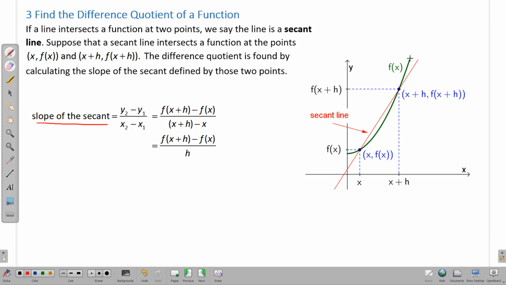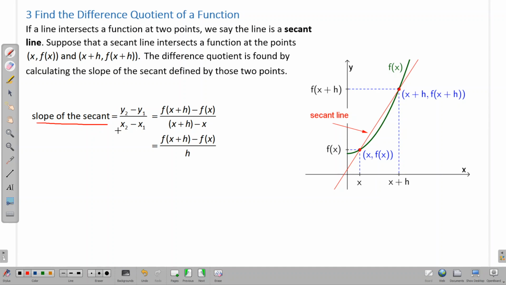So when you're doing this, you start off with some given function, y equals f of x. So that's this green curve that you see here. A secant line is simply any line that crosses the function in two different points. So we've got this red line is a secant line. It intersects the function here, and it intersects the function up here. And we want to find the slope of that line.